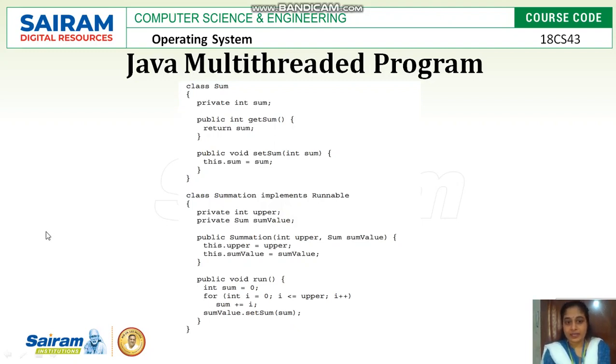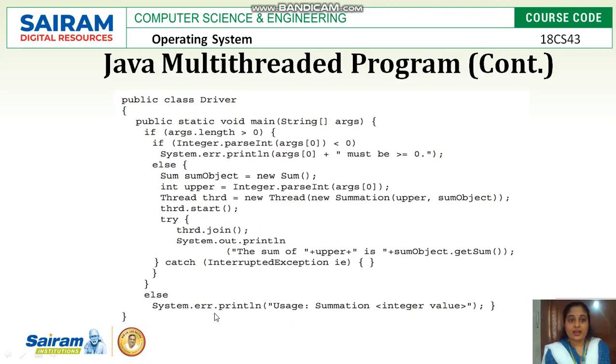Private int upper and private Sum sumValue; sum and sum values are the variables. Public Summation(int upper, Sum sumValue), where this.upper is equal to upper and sumValue is allocated by the class. Coming to public void run, we have the sum, where the sum function is defined.